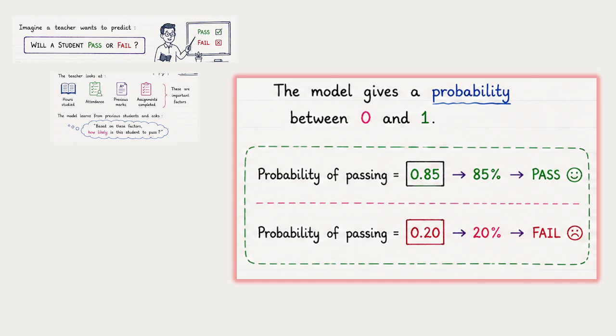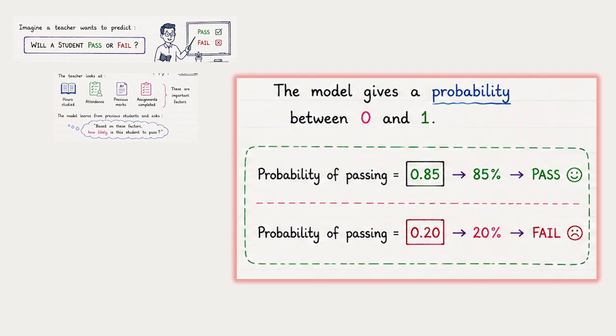That means there is an 85% probability that the student will pass. And similarly, if the model gives a probability, let's say 0.20, that means there is a 20% probability that the student will pass. So in other words, we can say there is an 80% chance that the student will fail. So that is the failing prediction.